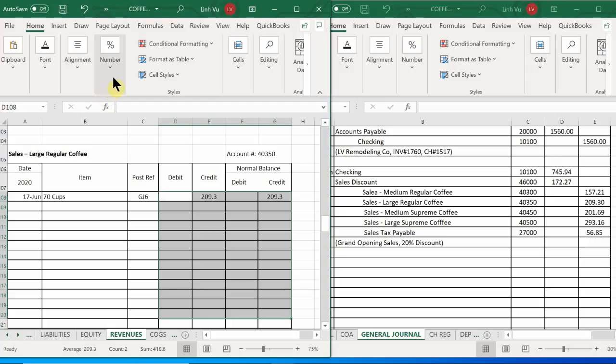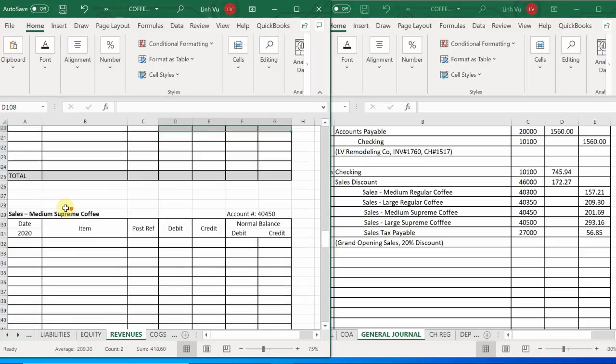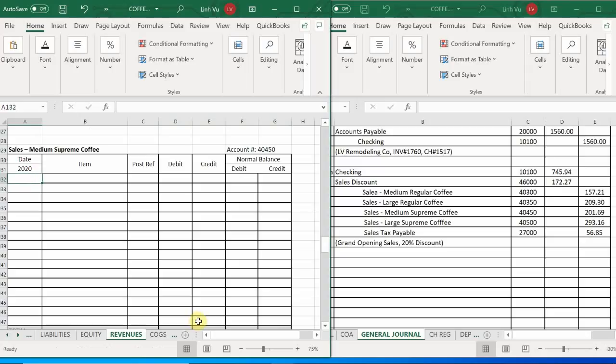Then we have to go back up to Supreme Medium. We sold 81 cups, for $201.69.